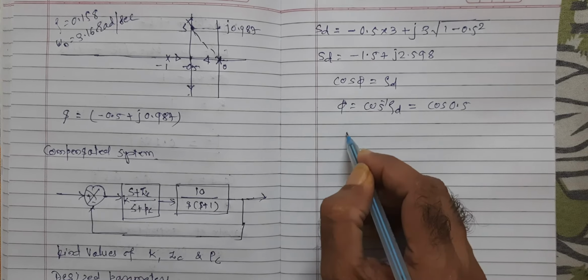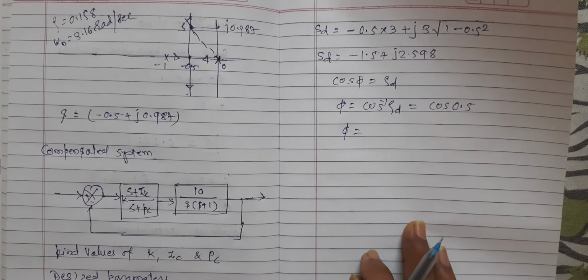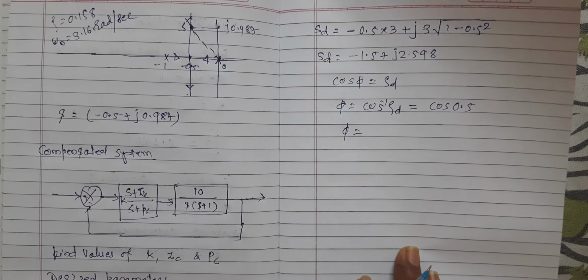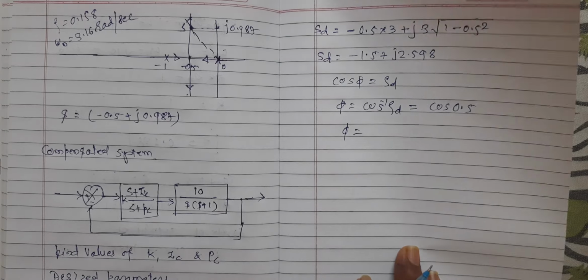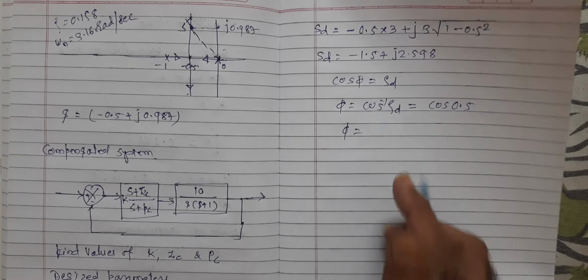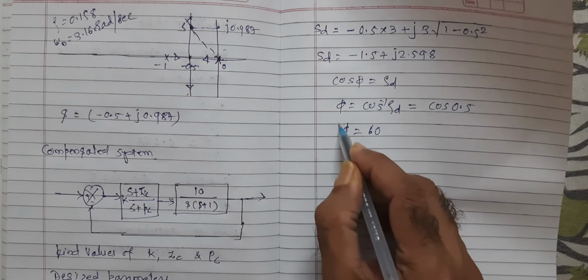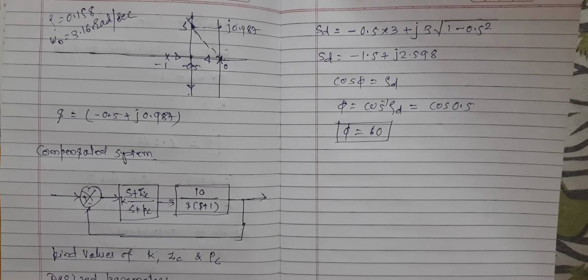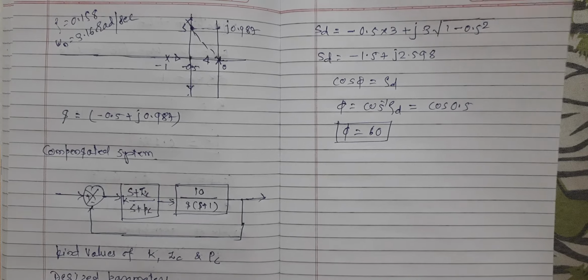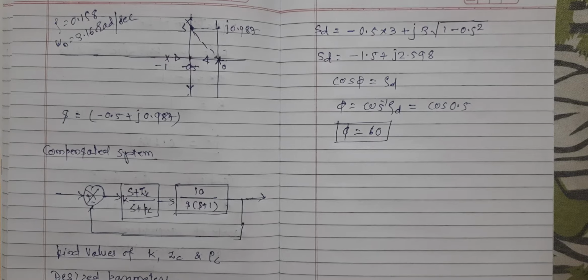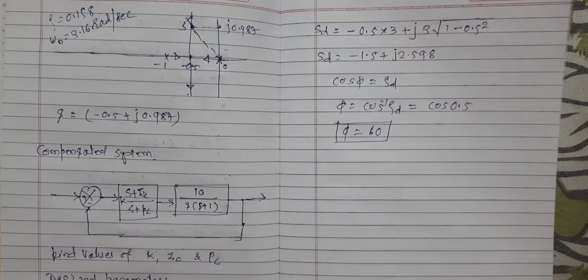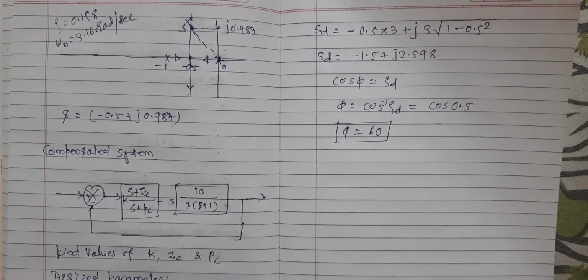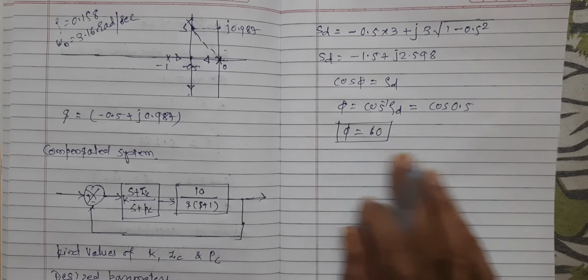So phi is equal to cos inverse 0.5, that is nothing but 60. So phi we know, that is 60. So this value we know.